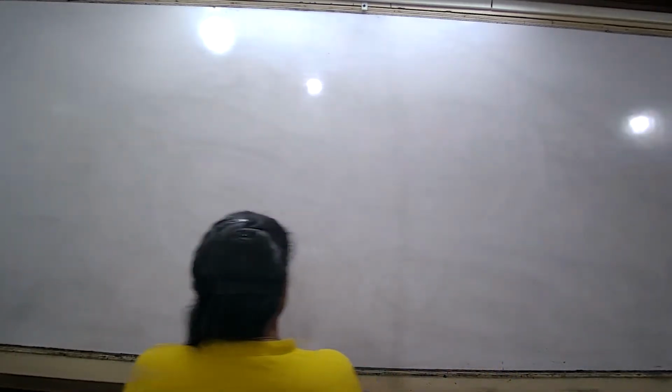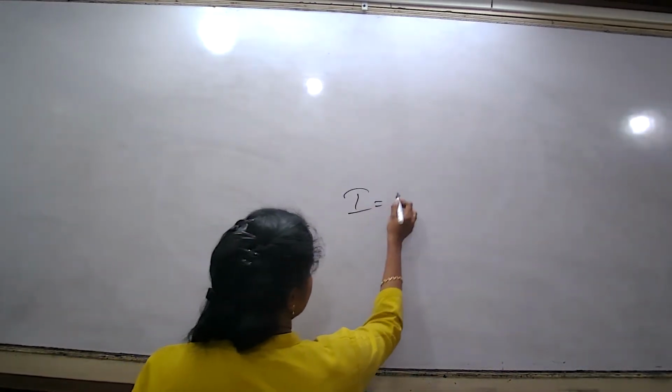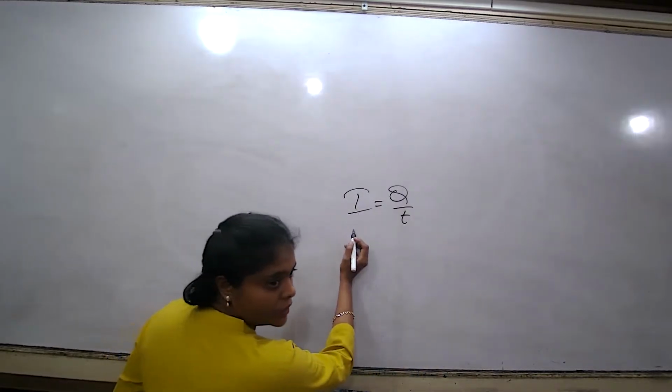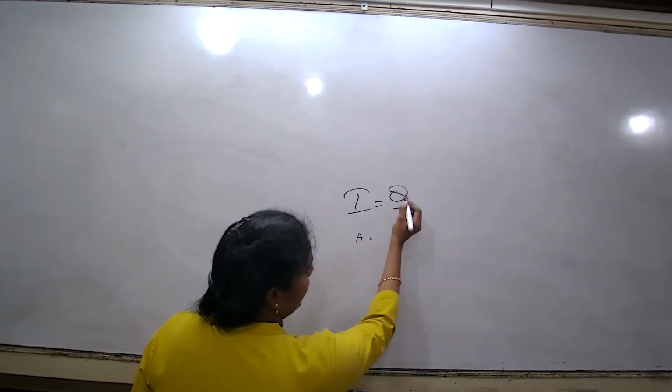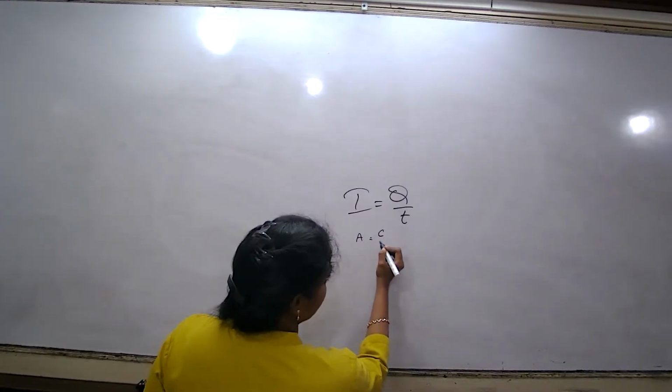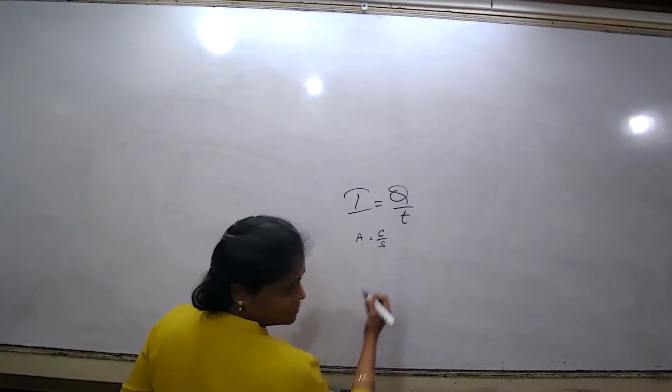And then what about the 1 volt? Okay, this is current. The unit of current is ampere, and charge's unit is coulomb divided by time in seconds.